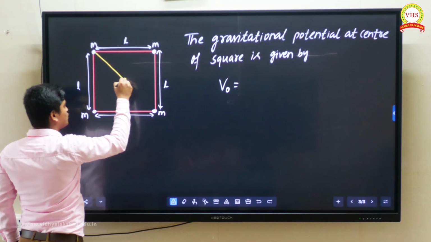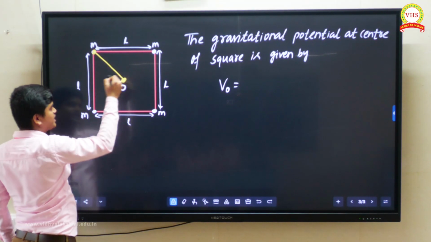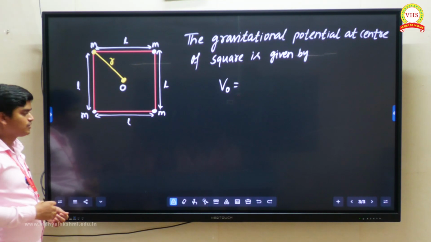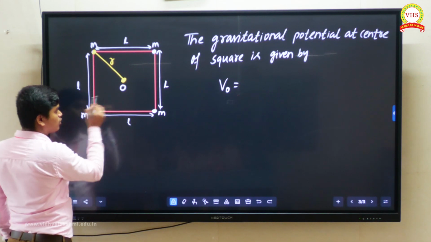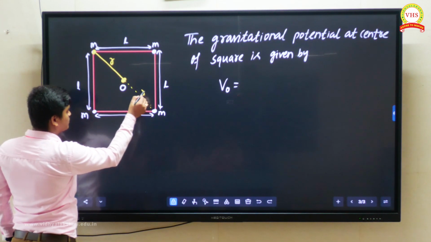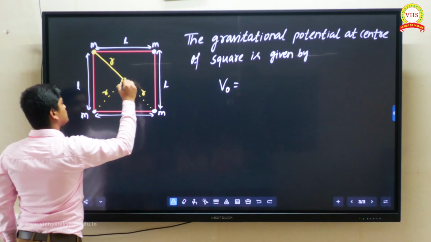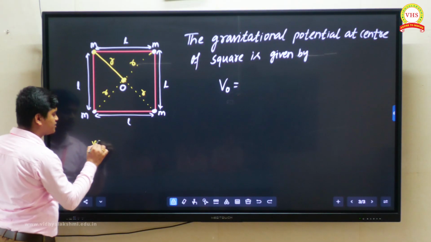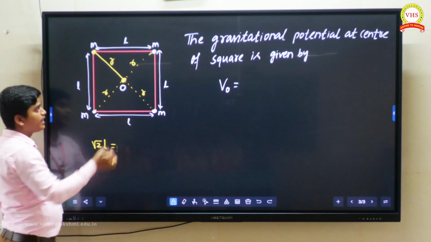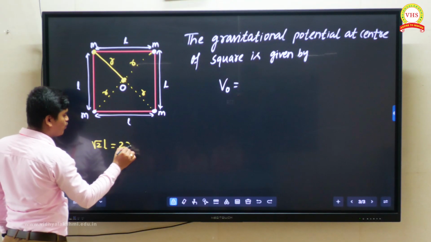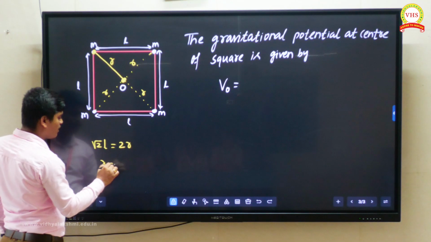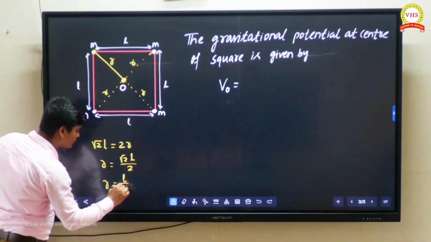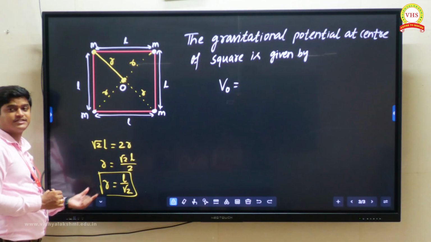Let's take it as R. Here also R, here also R, here also R. Just now you came to know this total diagonal is root 2 L. And here this is R, this is also R. So 2R equal to root 2 L, R equal to root 2 L by 2. So R is basically L by root 2.